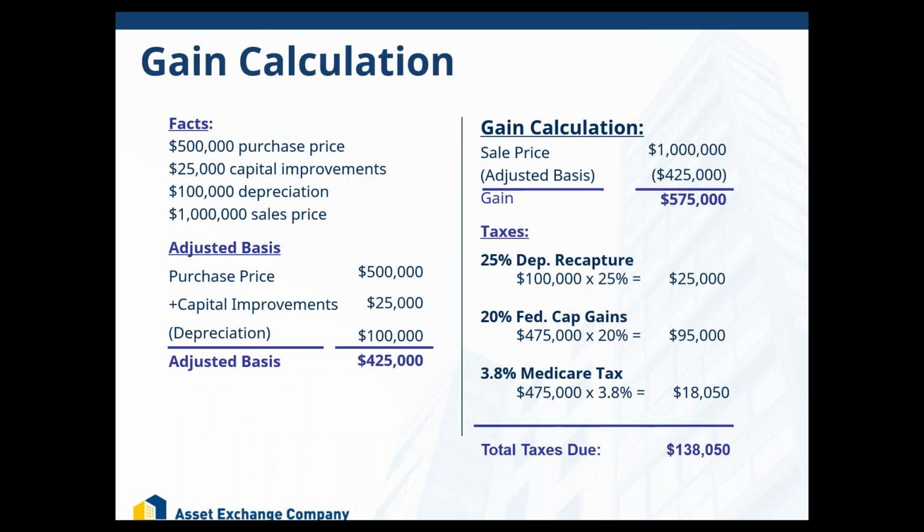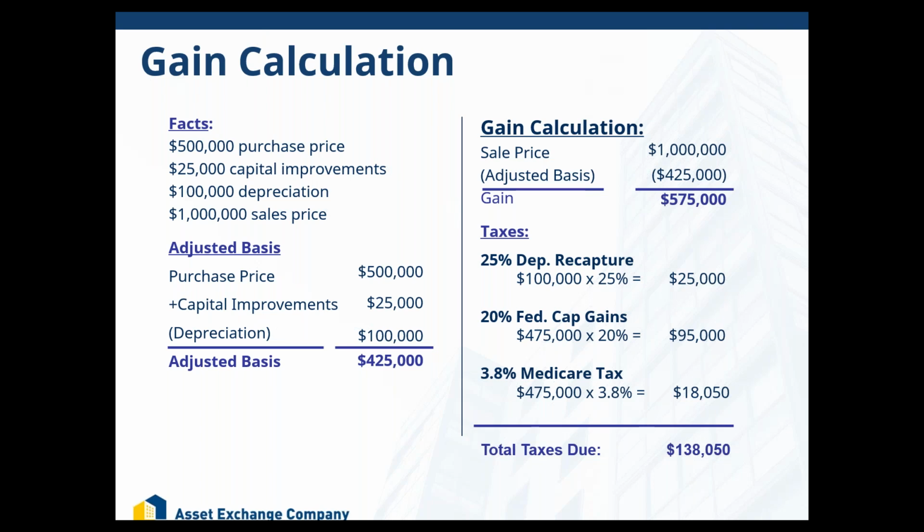Now, how do you actually calculate what the taxes are? Well, this is typically done by a CPA, but I'm just going to walk you through a really quick example just to give you an idea of how they calculate the taxes and what the potential taxes could be. All right, so in our example, originally we purchased our property for $500,000.